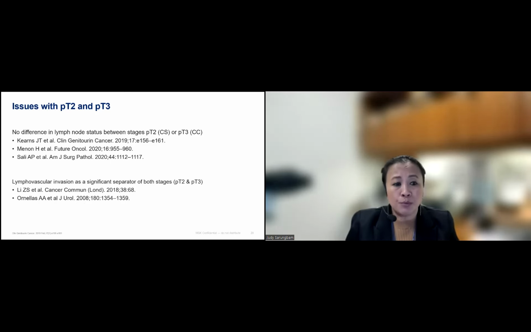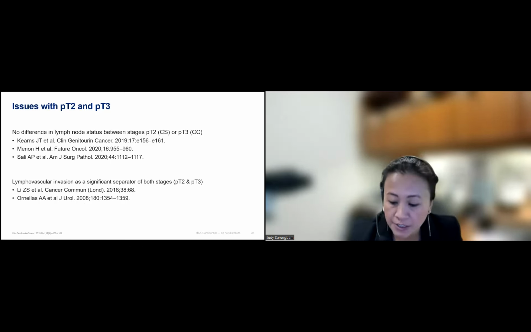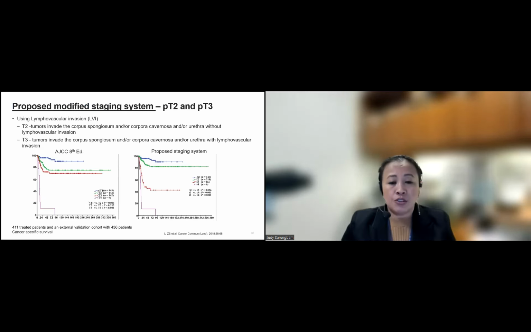So a few authors have proposed a modified staging system for PT2 and PT3. Lee et al. proposed a modified staging system dividing PT2 and PT3 based on lymphovascular invasion. PT2 is now tumor invading corpus spongiosum and or cavernosa and or urethra without lymphovascular invasion, and PT3 with lymphovascular invasion.